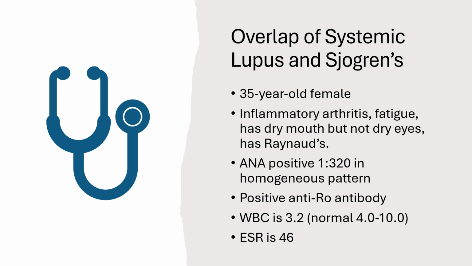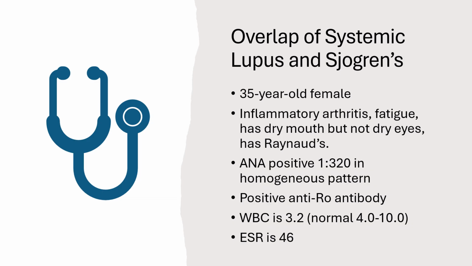The ANA is positive at 1 to 320, and they have a positive Rho antibody, which again can be seen in either lupus or Sjogren's. They have a leukopenia and a high sed rate. And if this is the manifestation, it's hard to know what the diagnosis is.